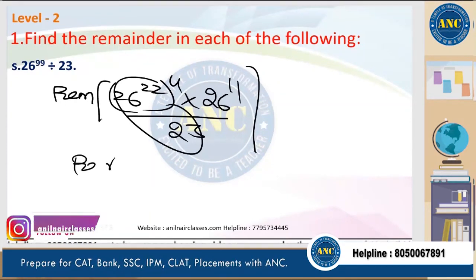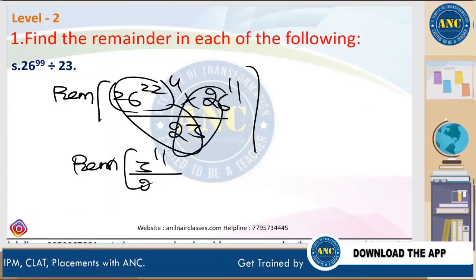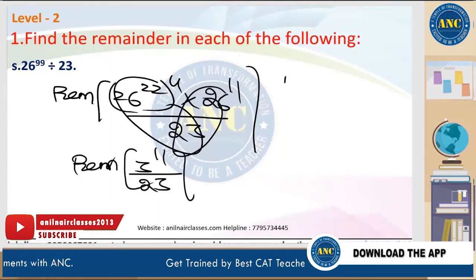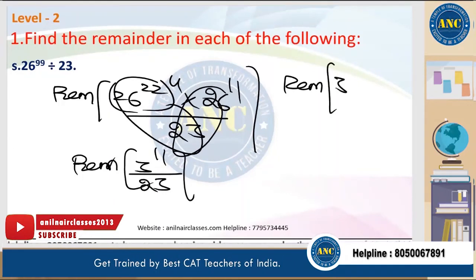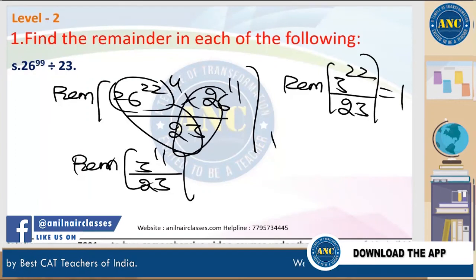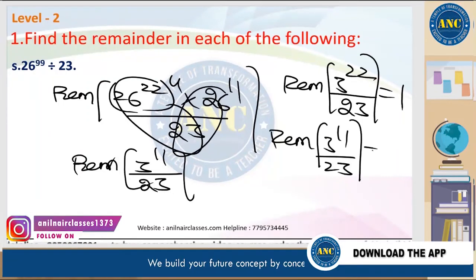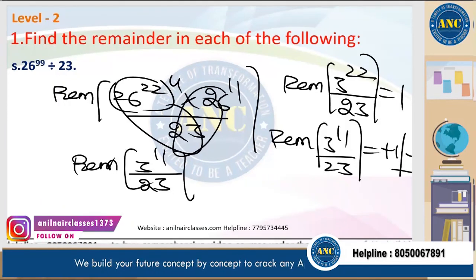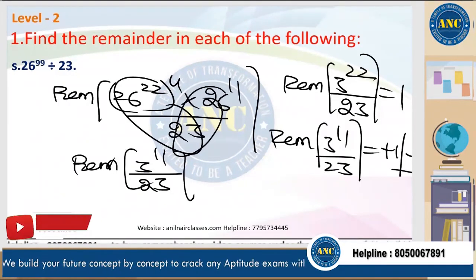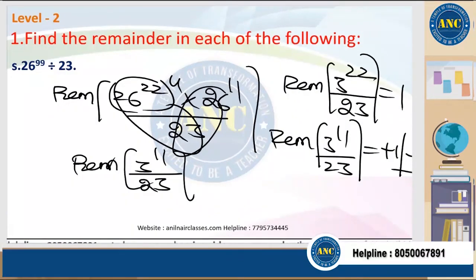Now here your knowledge is very important. 3 power 11 divided by 23. So check it out. 3 power 22 divided by 23 is 1. 3 power 11 divided by 23, either it will be plus 1 or minus 1. Please check it out. I hope it is clear, right?